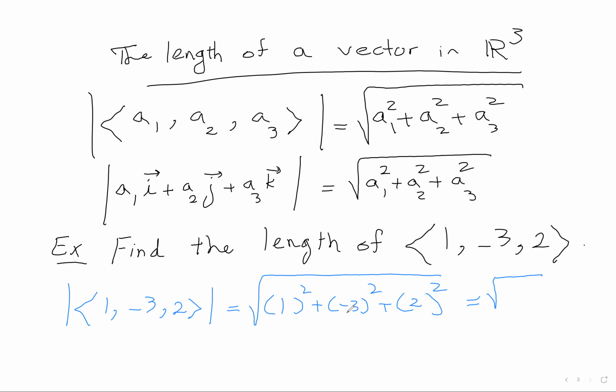So 1 plus 9, which is 10, plus 4, 14. Radical 14 cannot be simplified more, so that's the final answer. If we're able to go further and simplify the radical, we have to, but radical 14 cannot be simplified more. So as the exact value of the length, this is the length of this vector.